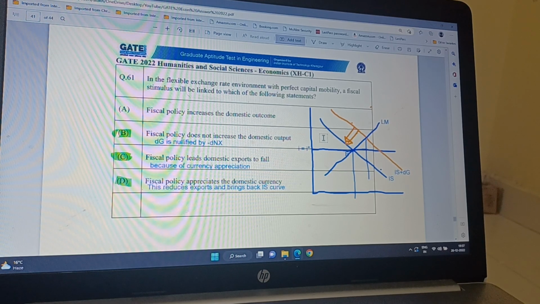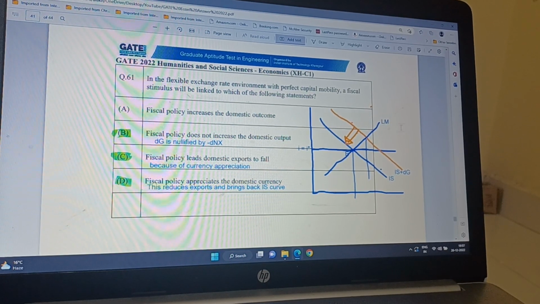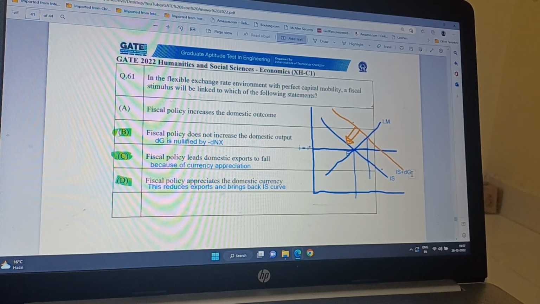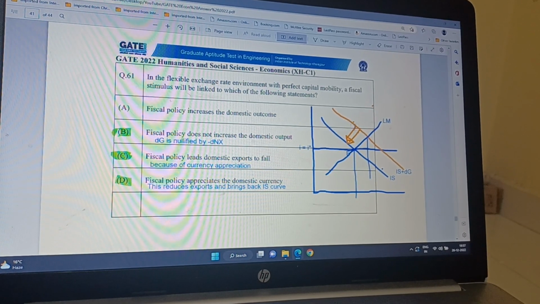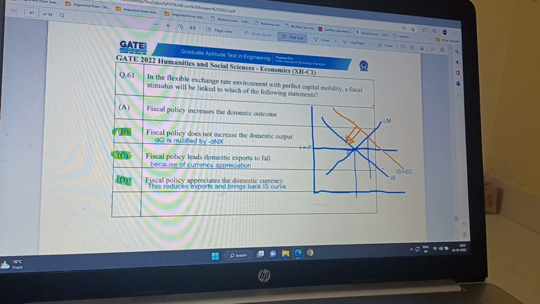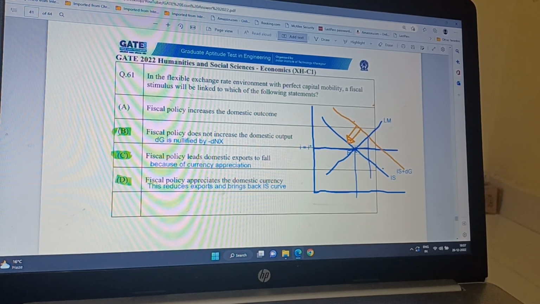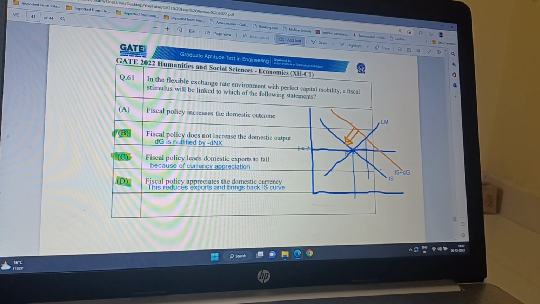So the rupee becomes stronger, which adversely affects exports. So exports will be reduced. So this yellow line, the IS plus delta G curve, will shift back to the original line because everything happens very fast in perfect capital mobility, and the equilibrium will be restored at this point through NX.